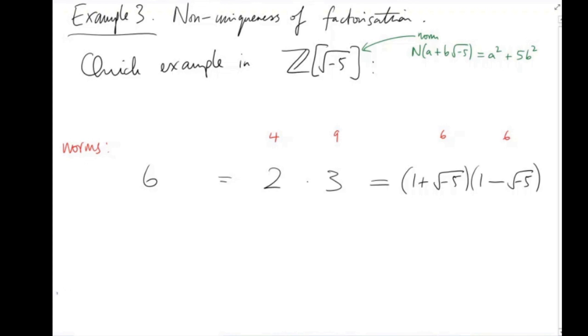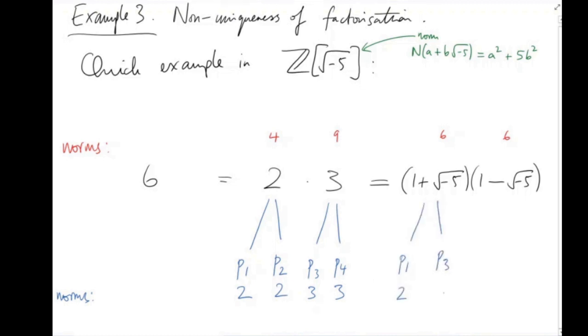Say, 2 is P1 times P2, where both P1 and P2 are primes of norm 2. And 3 is P3 times P4, where both P3 and P4 have norm 3. And then 1 plus root minus 5 is P1 times P3, and 1 minus root minus 5 is P2 times P4.